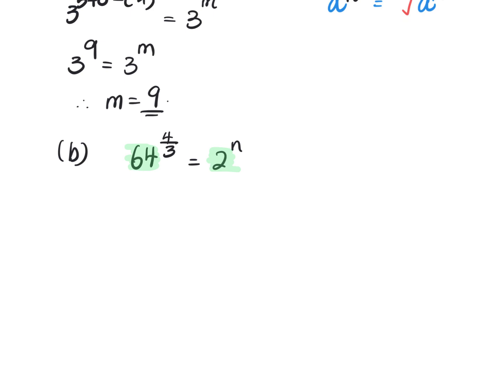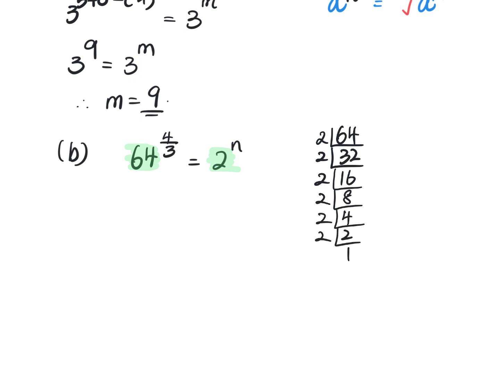That's the easiest and safest. So I'll take 64 and change it to the smallest prime factors. 64 divided by 2, divide by 2 again, and divide by 2 again, divide by 2, until I get 1.